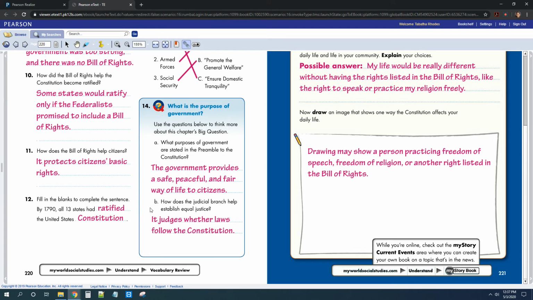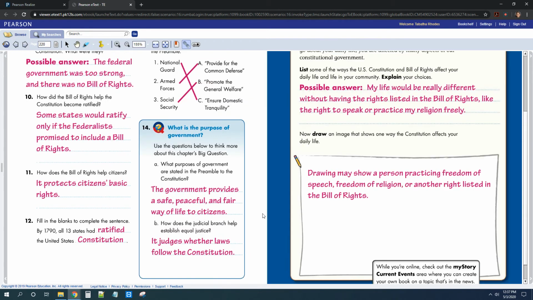And then B, how does the judicial branch help establish equal justice? Well, it decides whether laws follow the Constitution. Remember, that's the big thing that the Supreme Court does. It makes sure that laws are fair, that they don't go against the Constitution, and that we're treated fairly as citizens of our country.